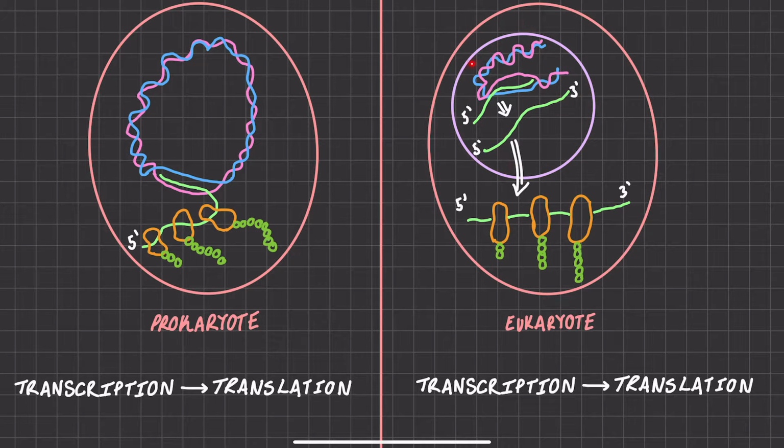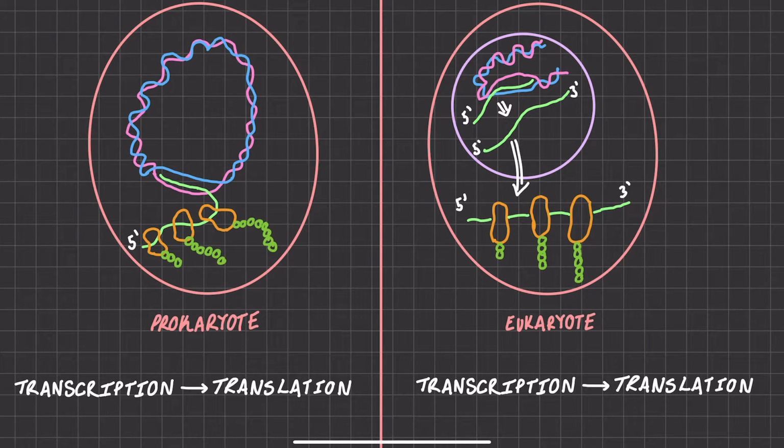That's an important distinction. The purple here is the nucleus, the pink is the cell in total. So the mRNA leaves the nucleus and goes into the cytoplasm, where the ribosomes will then translate the mRNA into those polypeptide chains.